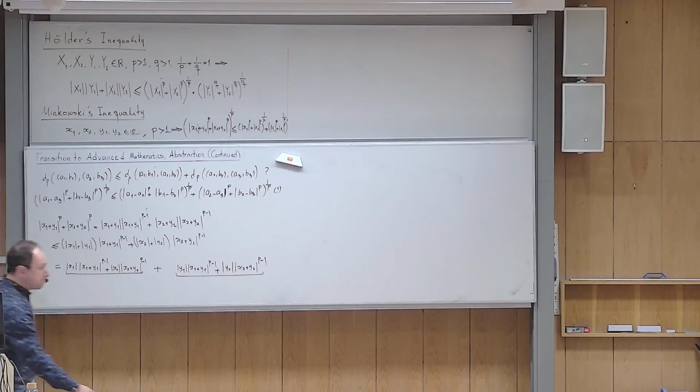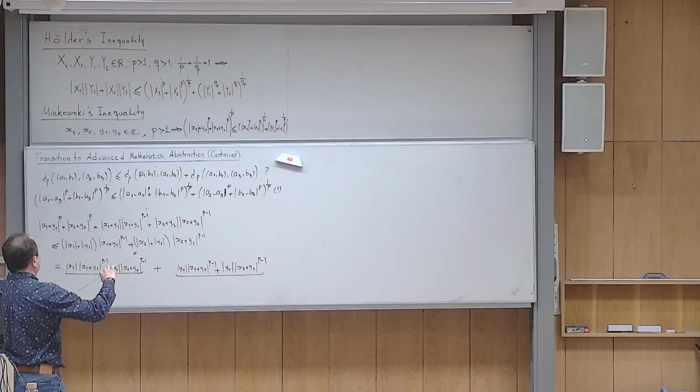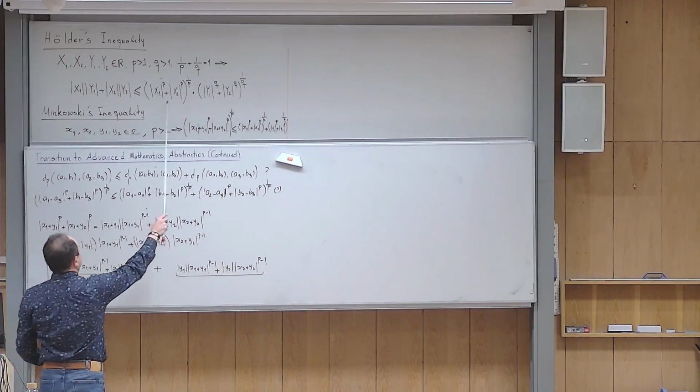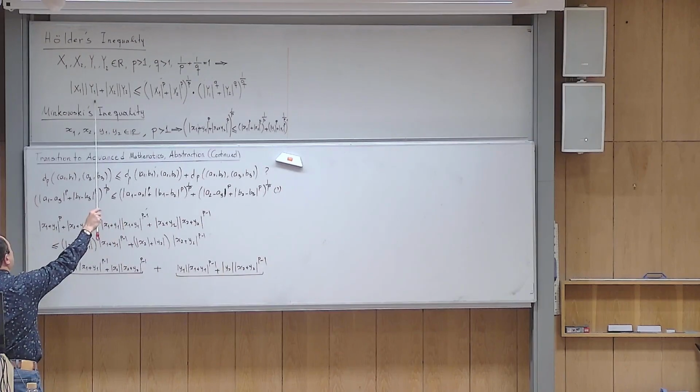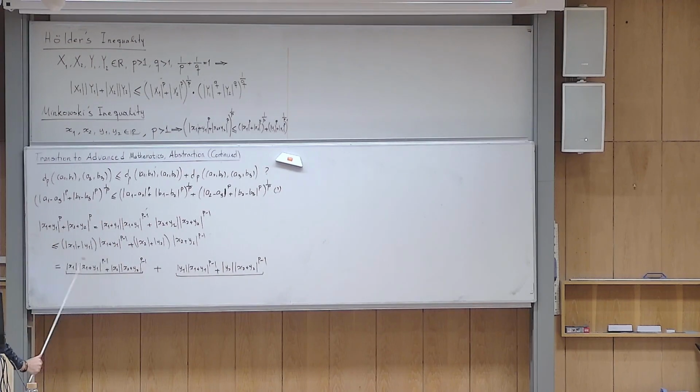You see, I want to have this combination. This one and that one are going to play the role of the first term somehow, and this one is going to play the role of the second one. So what can I do?